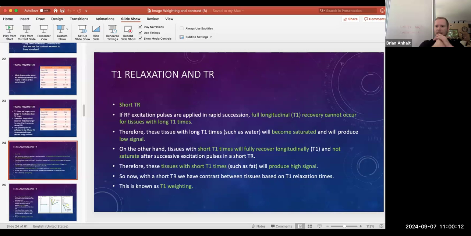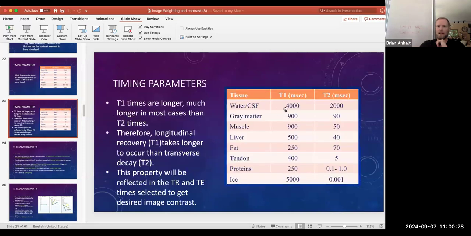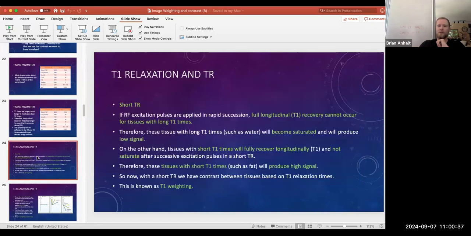If that happens, which it does in a short TR, full longitudinal recovery cannot occur for tissues that take a long time to do so. So for tissues like water and ice, they are not going to be able to recover very fully if I prescribe a short TR, right?